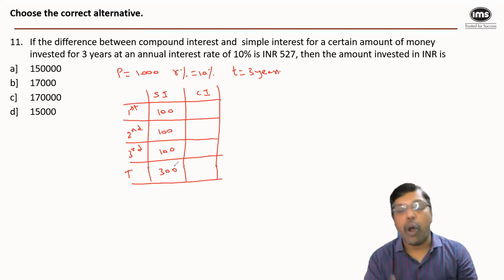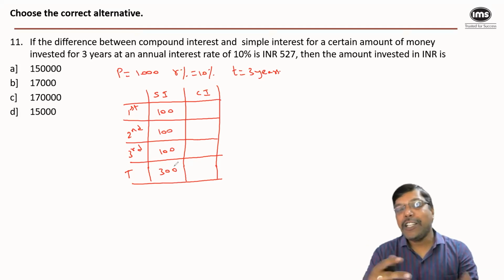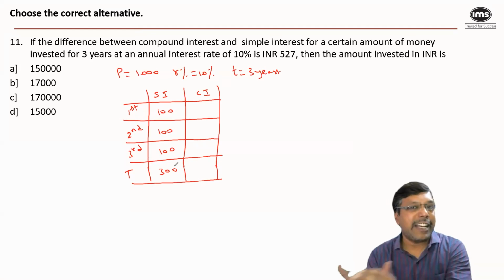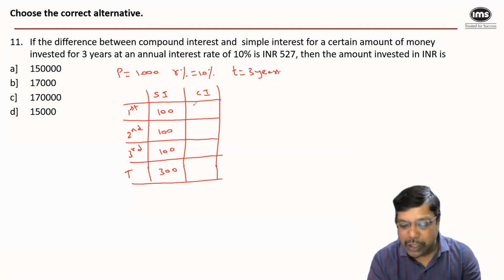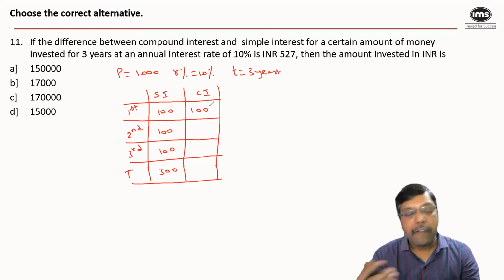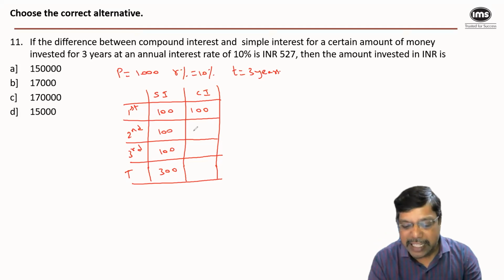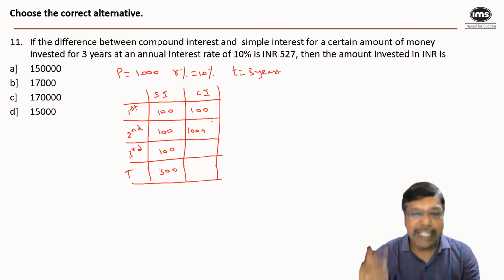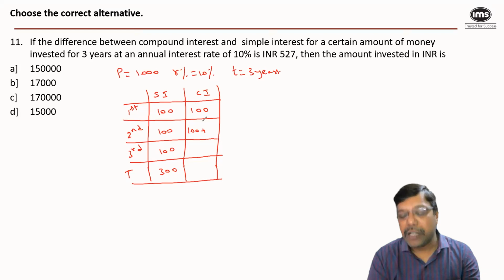When it comes to compound interest, interest is calculated on principal and on interest generated till then. So compound interest for the first year is 10% of principal, that is 100. For the second year, it is 10% of the principal, 100, plus 10% of the first year's interest. So 10% of 100, which is 10.